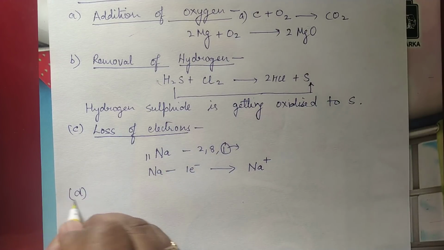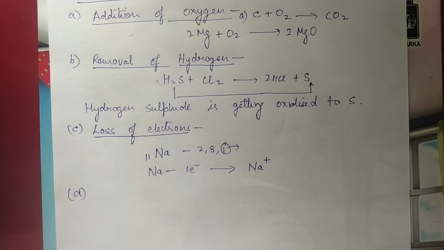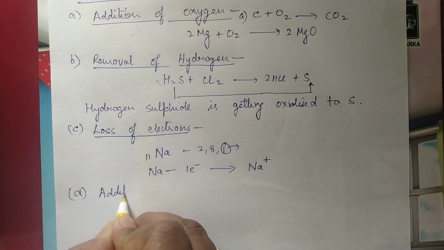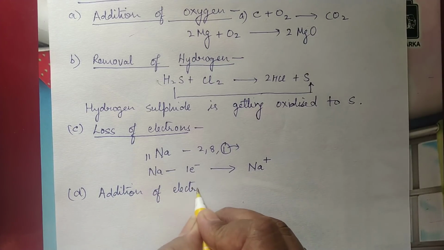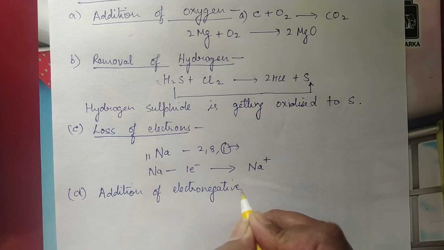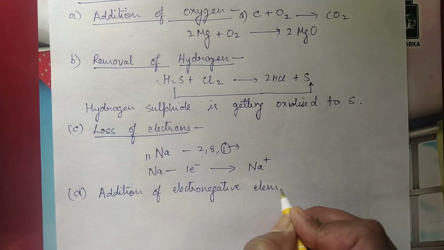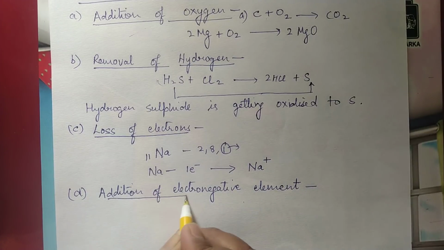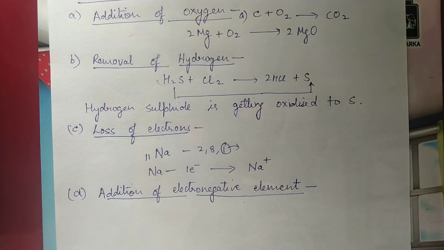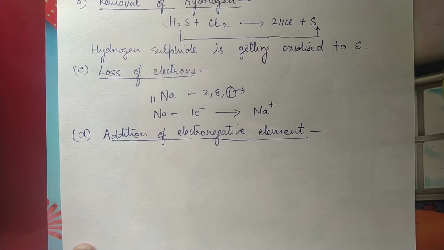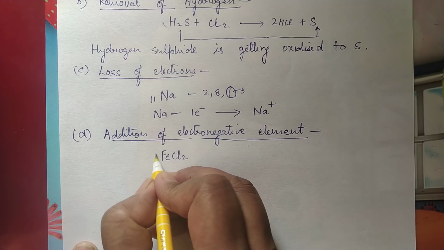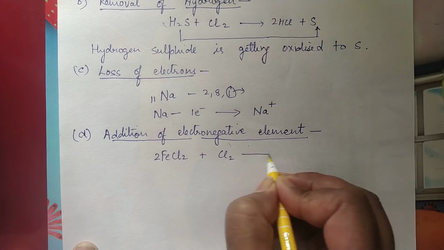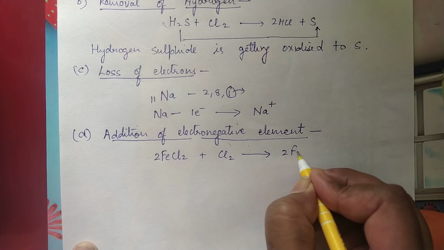Now the next way by which oxidation reactions can take place is addition of electronegative elements. Addition of an electronegative element to some substance is considered an oxidation reaction. Here we can take an example. Suppose we have FeCl2, that is ferrous chloride, and we react it with chlorine Cl2. It results in formation of ferric chloride.